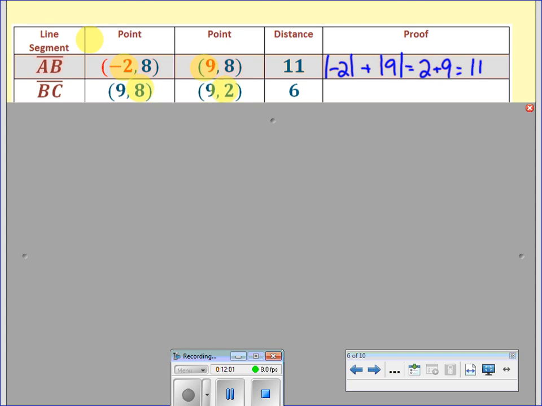They're both positive. So because they have the same sign, I will subtract. I have the distance to 8, but I don't need that whole distance. I'm only going from 2 to 8. Because they're the same sign, we are going to subtract. So the distance is 6.